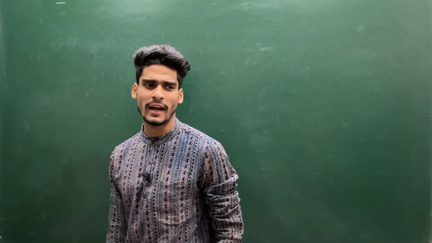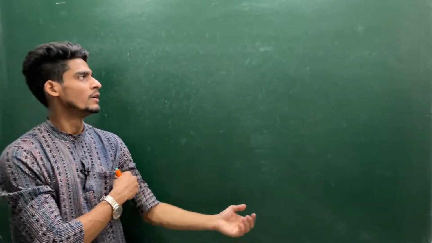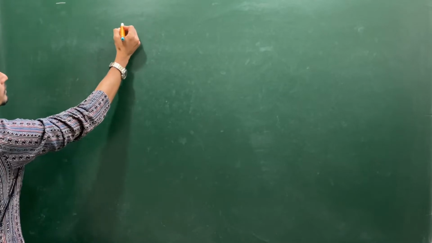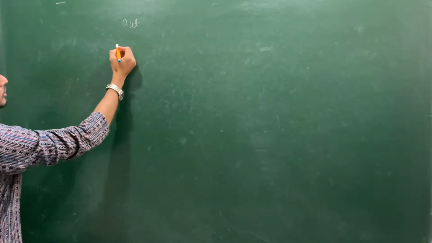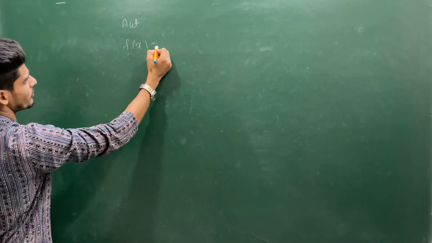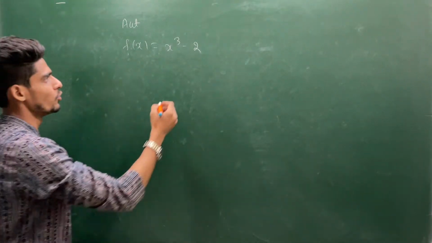In the last lecture I gave you the definition of Galois extension and one or two examples, and I asked you one homework: try to find this automorphism. Suppose I gave you this polynomial, x power 3 minus 2, defined over the rational field.